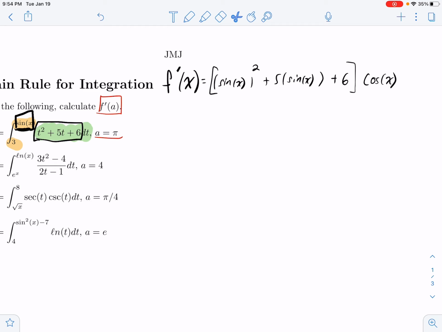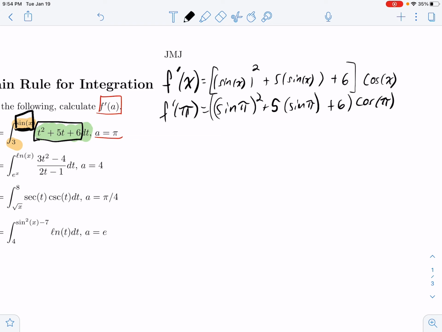Now I need to plug in pi. So f prime of pi is going to be sine of pi squared plus 5 sine of pi plus 6 times cosine of pi. Sine of pi is 0.